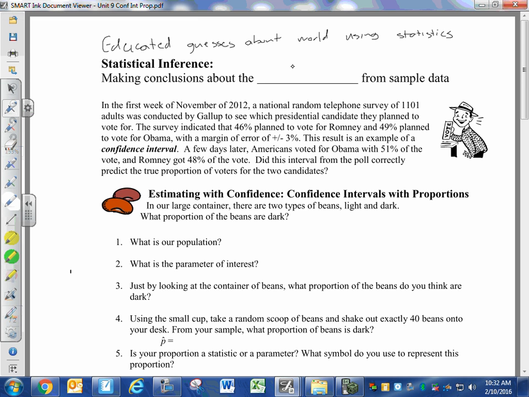We're going to make conclusions about populations from sample data. Okay? Today, and this unit is all about confidence intervals.